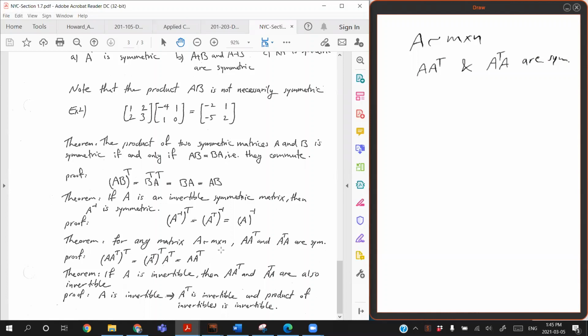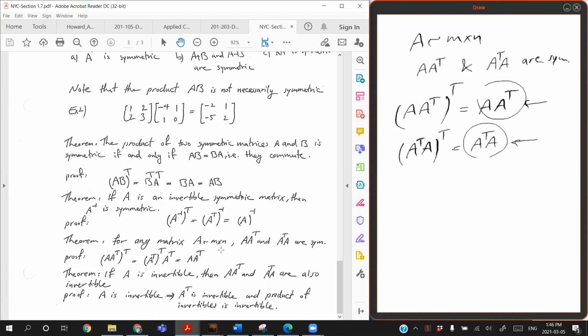We are trying to prove that A A transpose transpose is the same as A A transpose. And also that A transpose A transpose is A transpose A. Because if I prove this, that means this matrix is symmetric. And if I prove this, that means this one is symmetric.